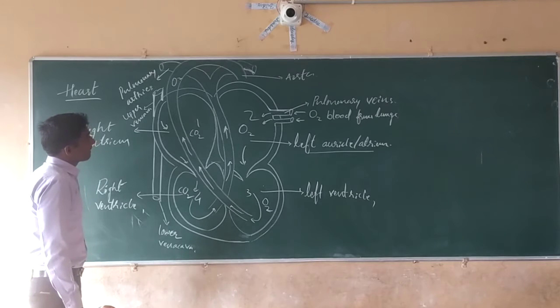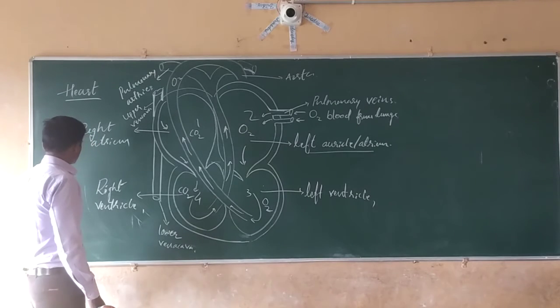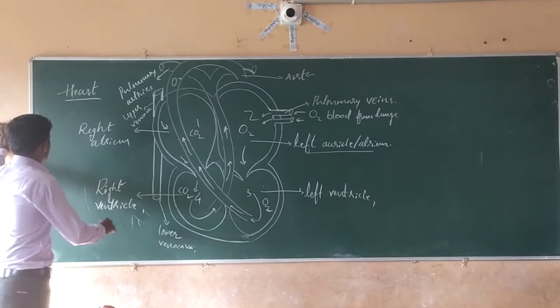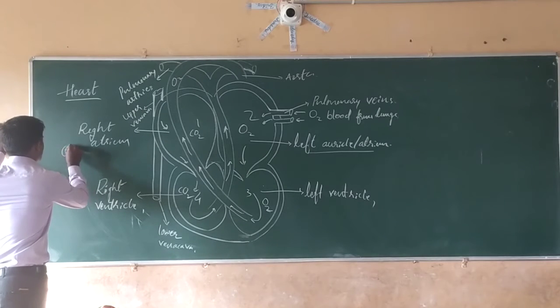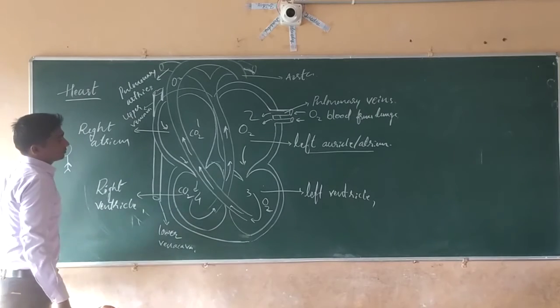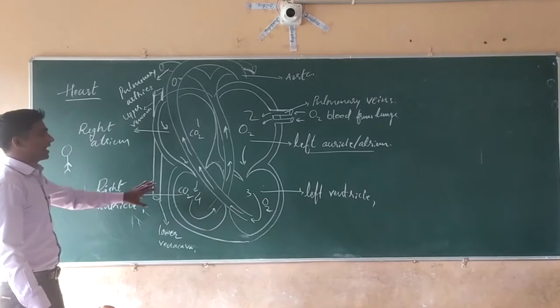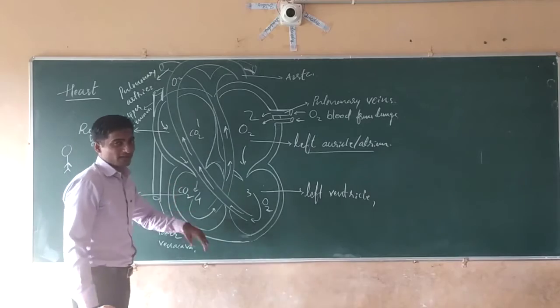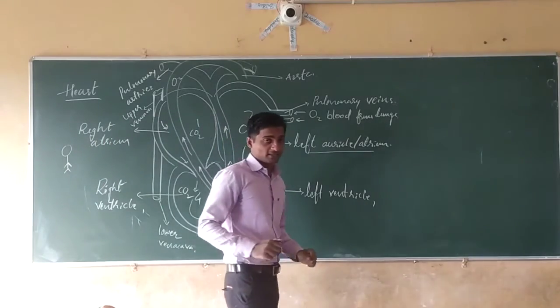See, here we are having the body, suppose a human being's body, don't laugh, assume that the human body is here, and the heart is not so large, the body is larger.